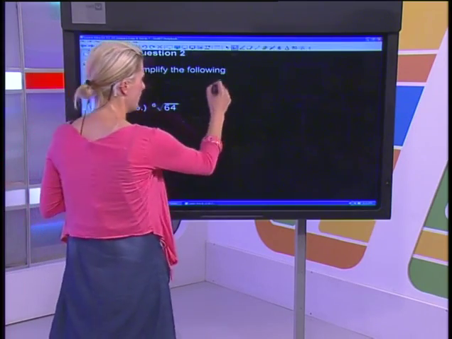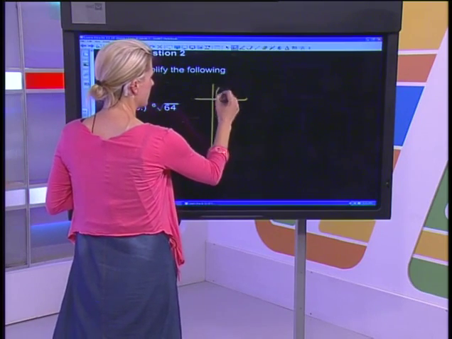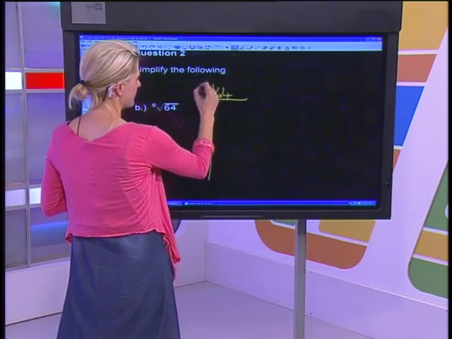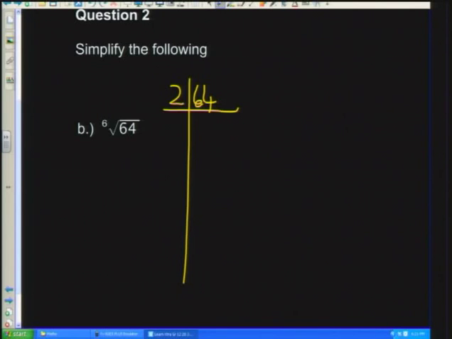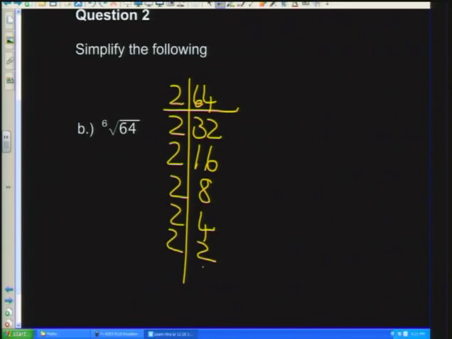Probably most of you know that. But doing it the old-fashioned way, 64 divided by the first prime number, which is 2, I'm left with 32. Next prime, I can still use 2, I'm left with 16. I can still use 2, I'm left with 8. And 4, and 2 goes into 4 2 times, and 2 goes into 2 once.